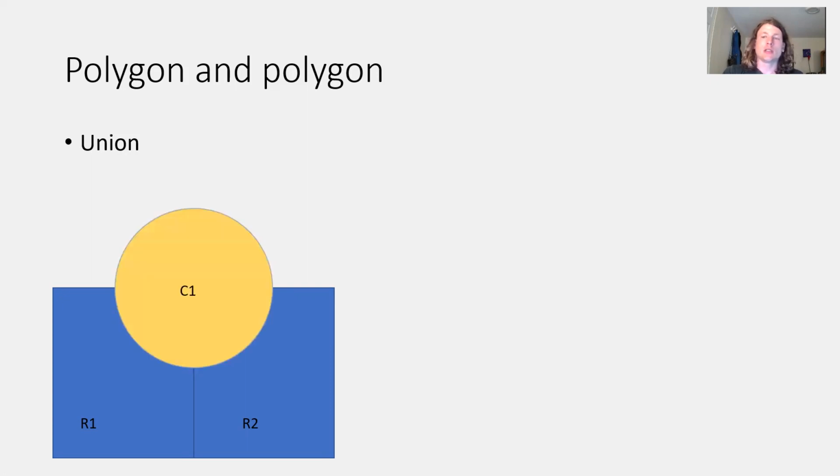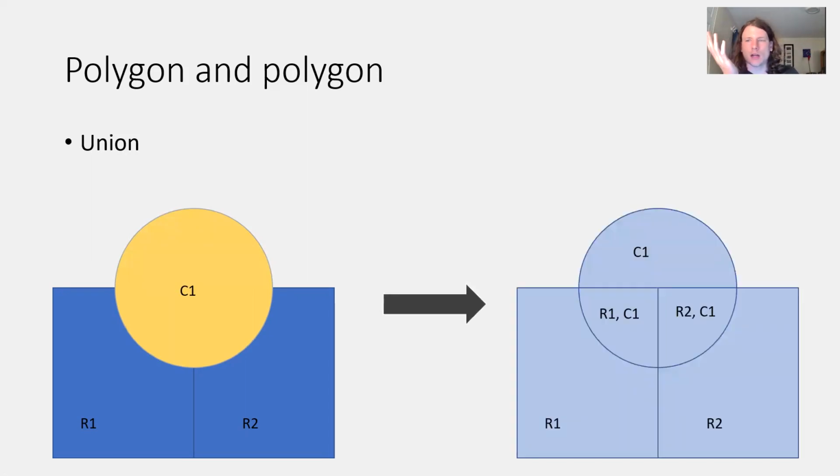You do a union, you basically merge the layers together and split them based on where they overlap and combine all the attributes. So where it's just rectangles, you'll have just the rectangle attributes. Where it's just circles, you'll have just the circle attributes. And where they overlap, you'll have the attributes of both.